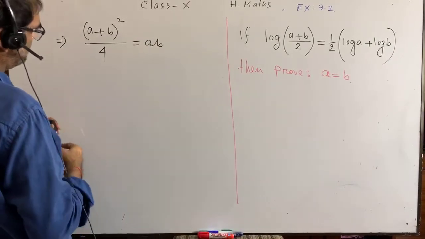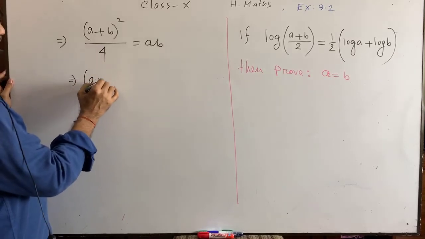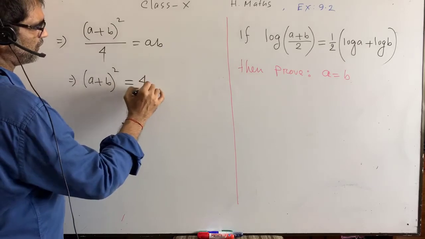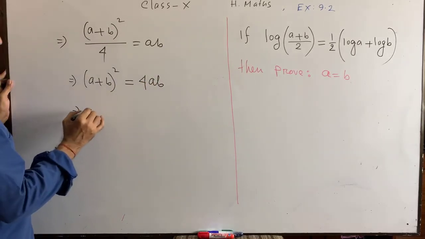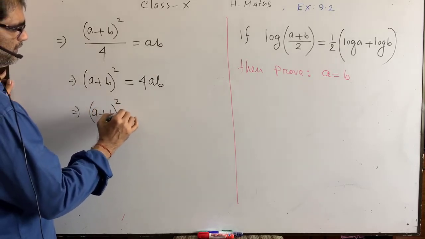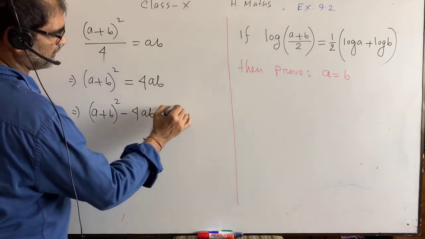Okay, from here we can write down a plus b whole square is equal to 4ab. That means we are getting a plus b whole square minus 4ab is equal to what? 0.